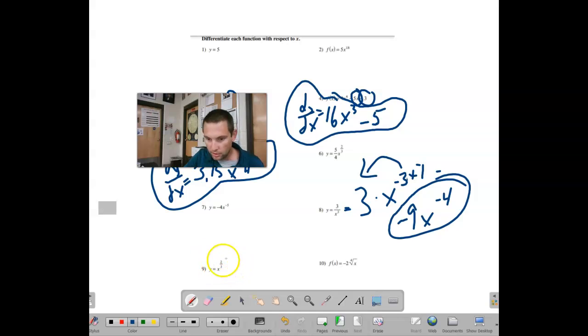x to the 2/3, you can bring that out. This guy right here, you probably won't come across it, but if you do, it's no big deal. It's just negative 2 times x to the 1/4 power.